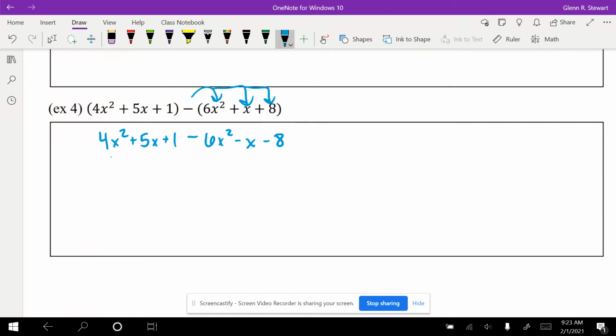From there, combining like terms, 4x squared and a negative 6x squared become negative 2x squared. 5x and essentially 1x become 4x. And then 1 and negative 8 become negative 7.